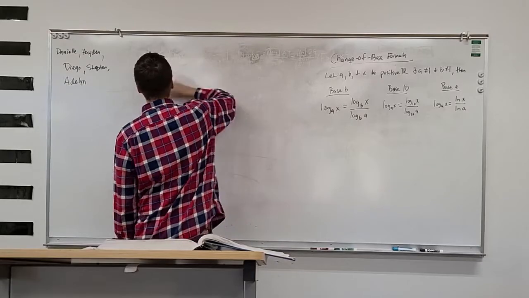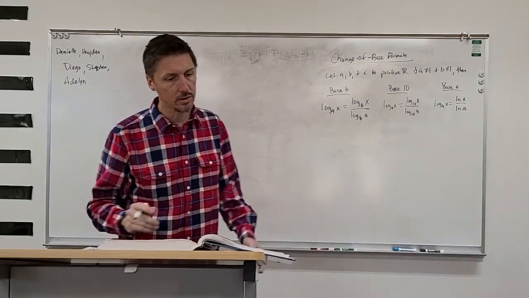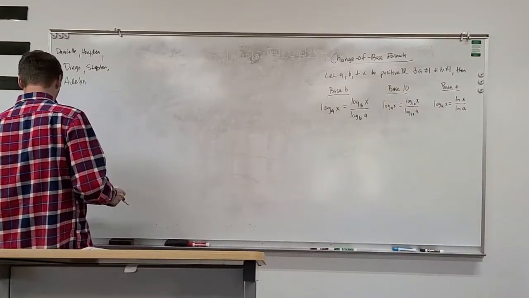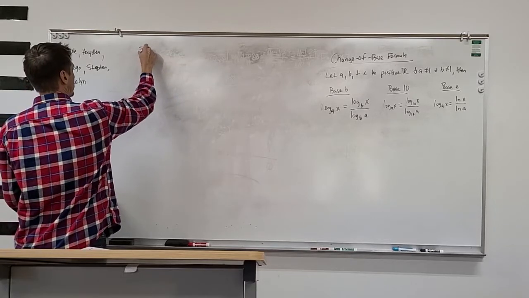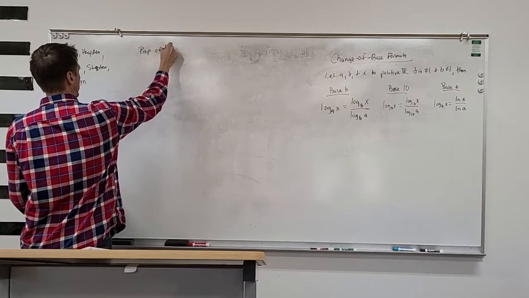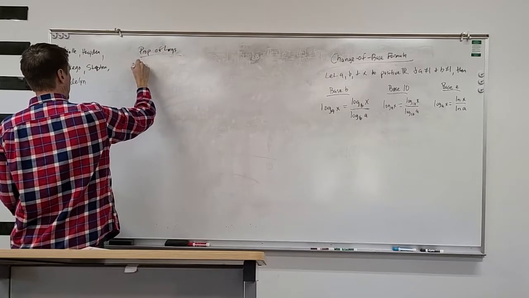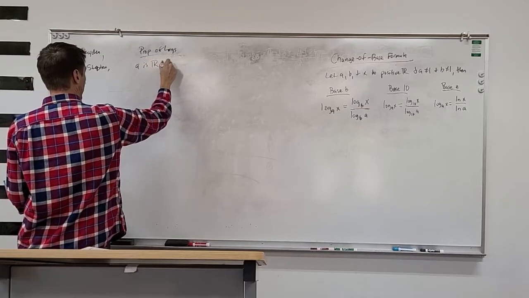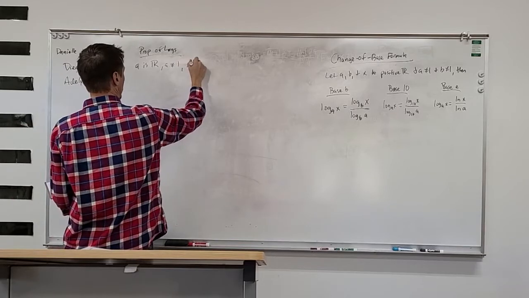All right, so let's talk about some important properties of logs. The product property, the quotient property, and the power property. So the product property: they give us the stipulation here that a is a real number, and a cannot equal 1, and n has to be a real number.